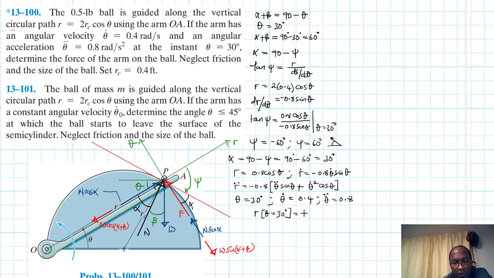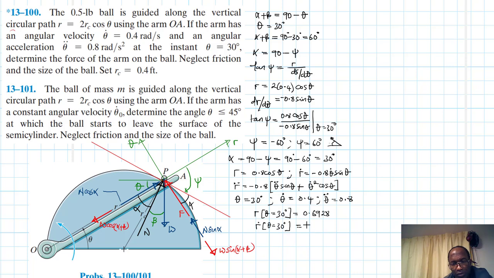Okay, this gives us 0.6928. Then r dot at theta equal to 30 degrees is equal to minus 0.8 times theta dot, which is 0.4, sine 30.